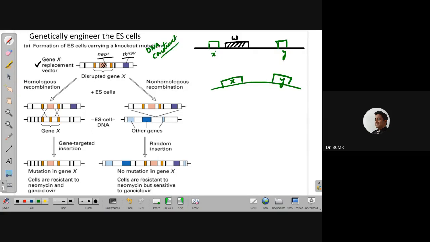I am going through each of the elements in the DNA construct so that you know why each genetic element is present in there and where it is located.